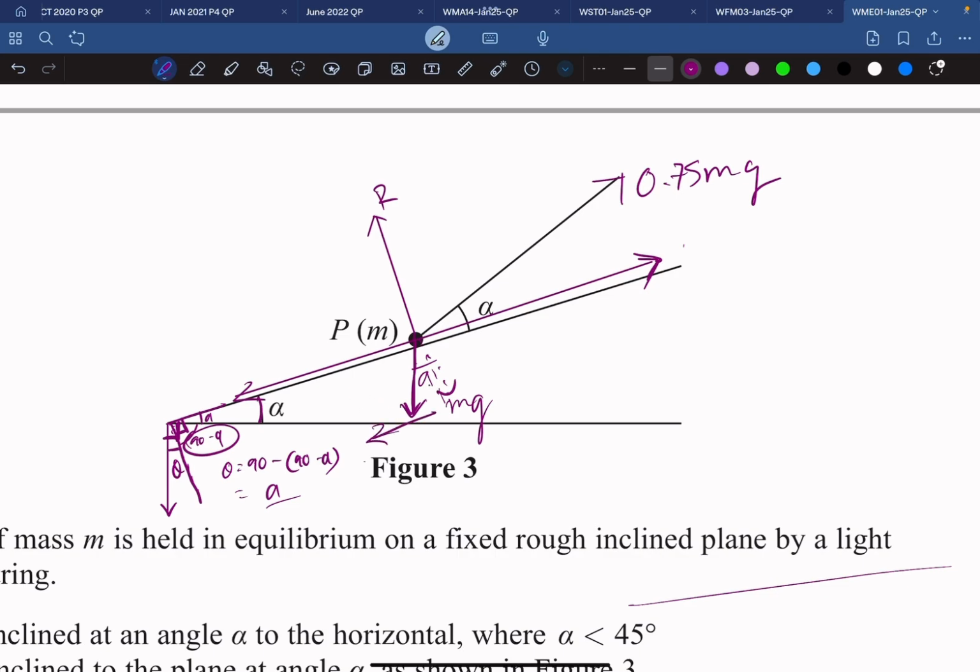That is mg sine alpha, since the component is opposite to alpha, you're just going to take sine alpha. I'm sure you know how these components become sine and cos, right? Like, come on, I hope you do. If you don't, comment down below.